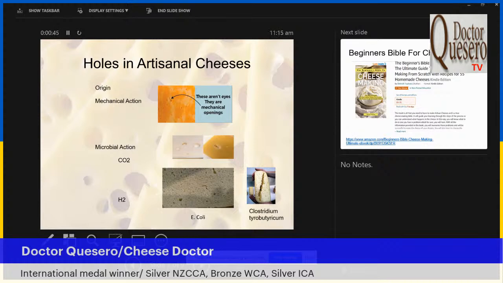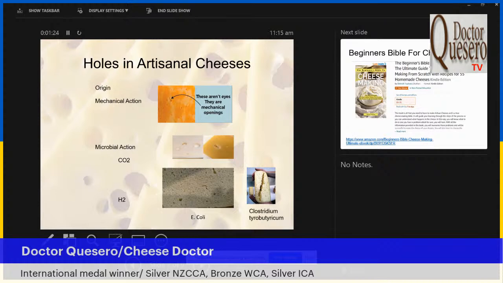At the beginning, the curd is very, very soft, very, very delicate, and we have to manage it with a lot of care. So when the heat starts to act on the curd, the curd starts to expel whey, and by expelling whey, the curd becomes a little bit stronger, more compact. It will shrink a little bit, and it gets hotter.